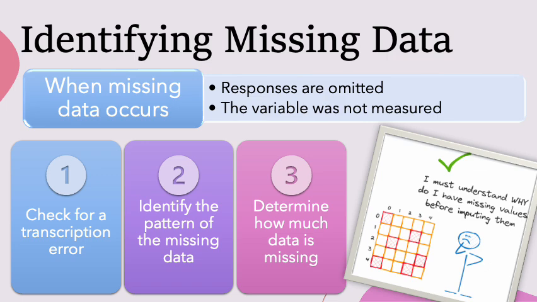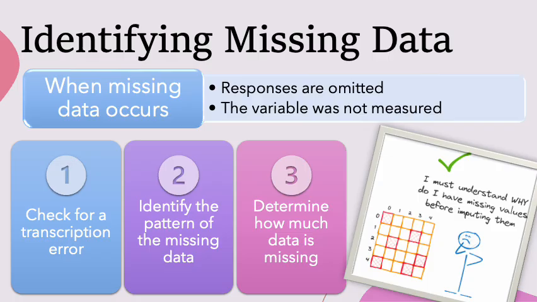So what do I mean about looking for a pattern? You want to look at, was there a specific question that participants refused or chose not to answer consistently? Was there any pattern that maybe data points are missing for participants of a given age or a given gender? Are there any types of consistencies you're noticing about the data that is missing?